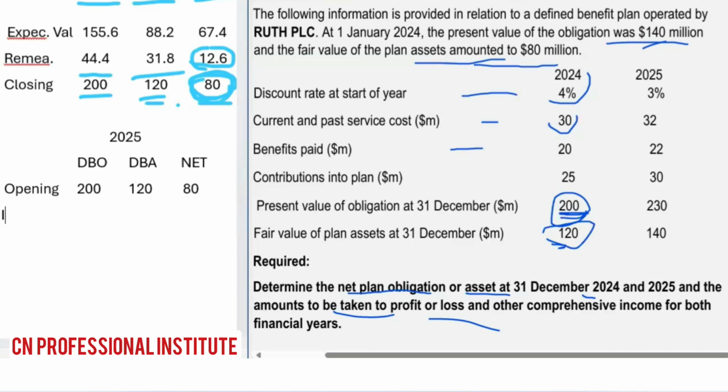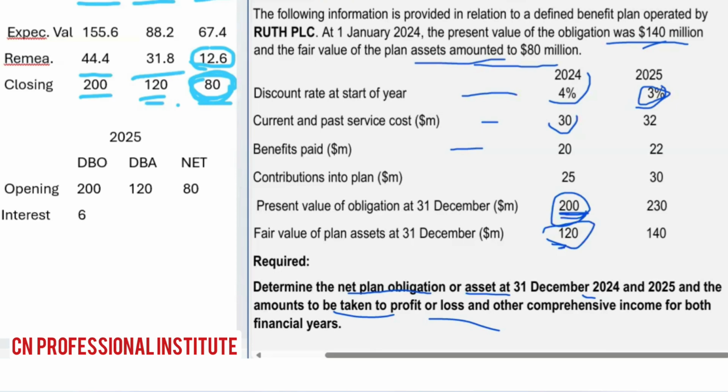Then let's get our interest. For 2025, the interest is 3%. 3% of 200 gives us 6, and this is an expense.